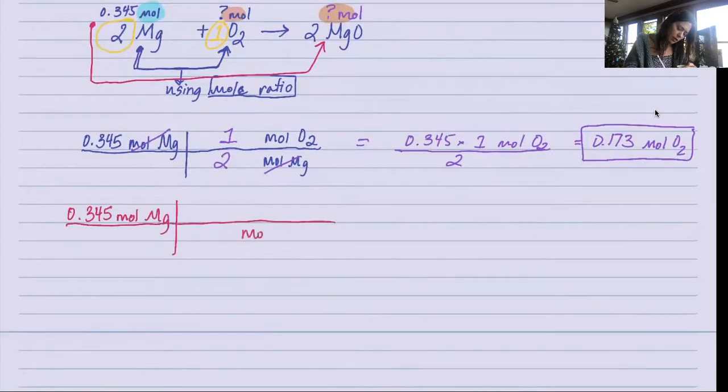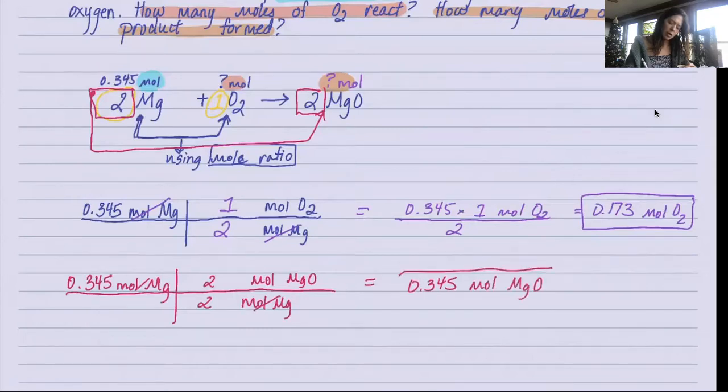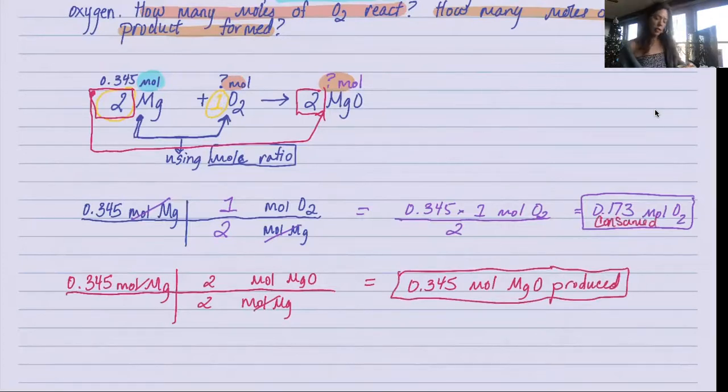Take what we have down here and what we need up here, right? How do we get from one substance to another? We use our mole ratio. This time it is 2 to 2. Those will cancel. We'll end up with 0.345. What? Moles. Moles of what? Magnesium oxide. That will be produced. And this here will be consumed, used, right? It's a reactant.